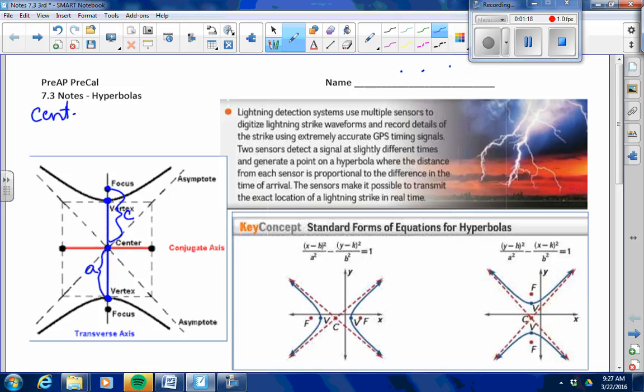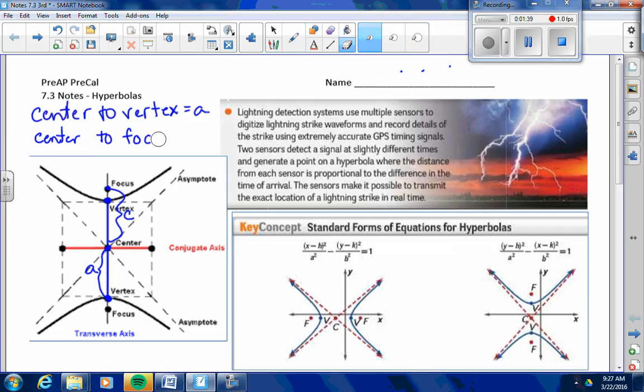So the center to the vertex is A units long, and the center to the focus points is C units.